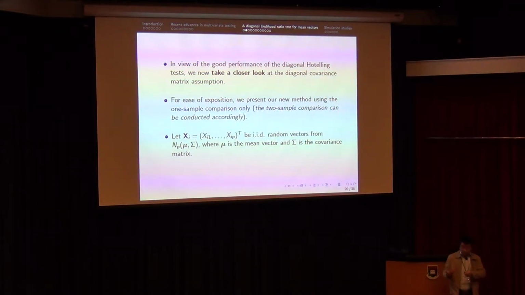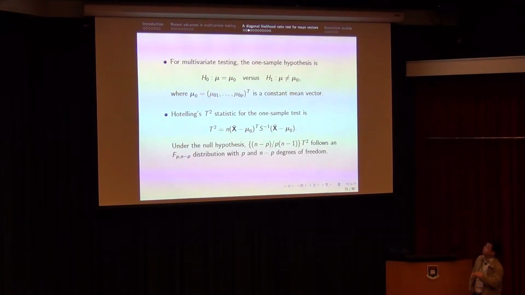If we follow the previous slides, in our paper we present both one-sample and two-sample cases, but in the next slides I only illustrate the one-sample comparison. Let's assume we have the one-sample case, and the testing problem is to test whether a mean vector equals a pre-specified mean vector.